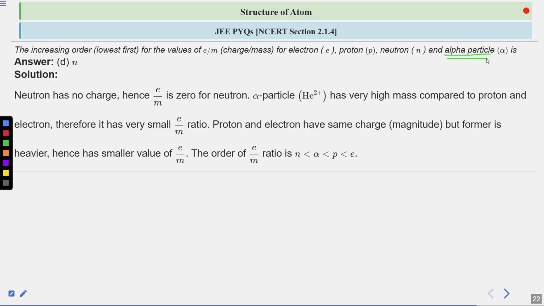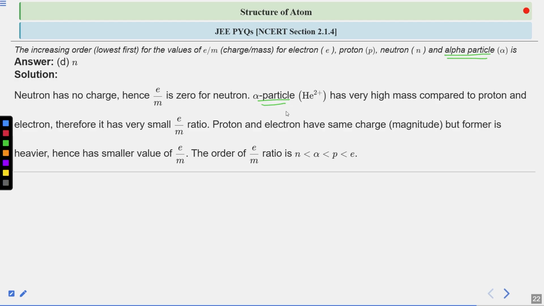They are made up of 2 protons and they have a charge of 2 positive. So what will be the e/m ratio for the alpha particle? It will be 1, right?